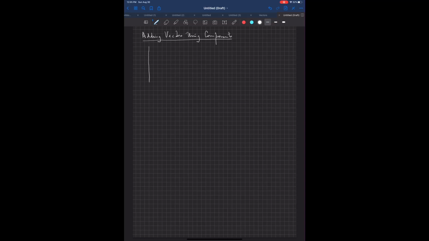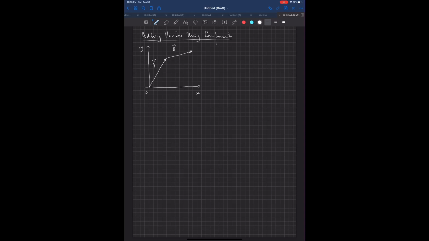Suppose I have my Cartesian coordinates. Suppose I have a vector A and to it I add the vector B. Okay.